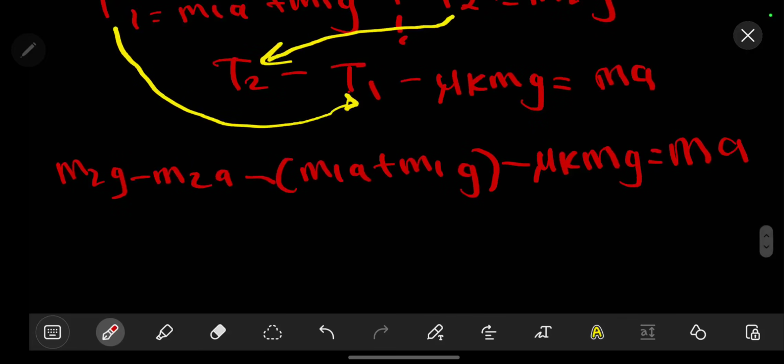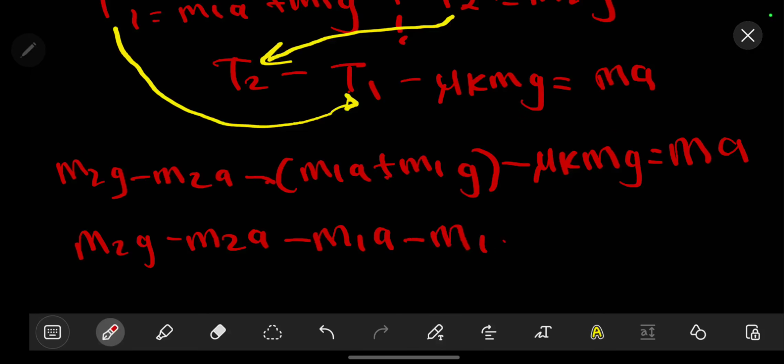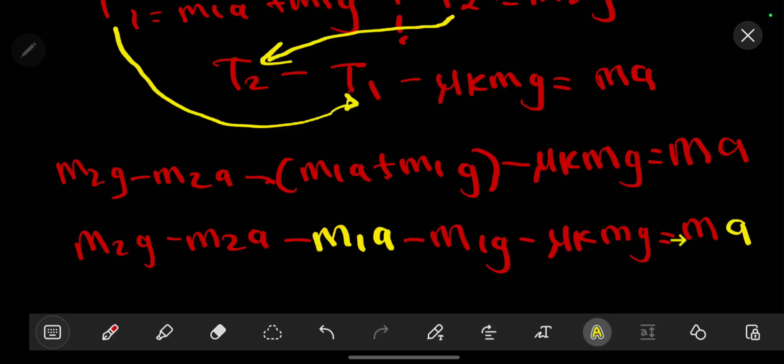So what we are going to have is that, let's find the acceleration. So we are going to say m2g minus our m2a, then we have minus our m1a, negative times positive, it's minus our m1g, then we have minus mu k mg should be equal to ma, like that. Since our a is this side, all the terms that have got a, let them be moved to the other side.